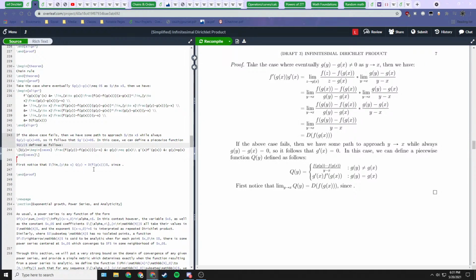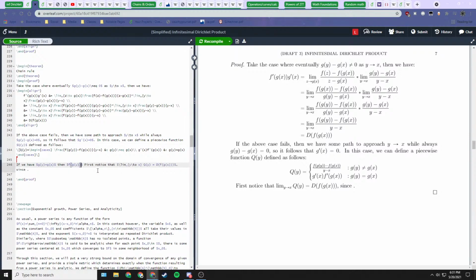That's what we want, yes. So if we have g of y equaling g of x, then f of g of y equals f of g of x.